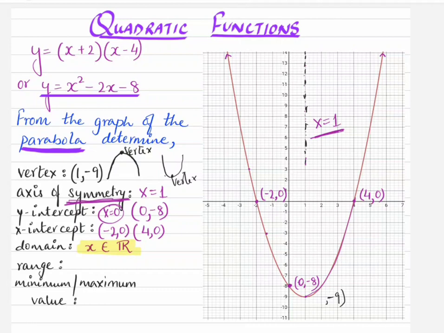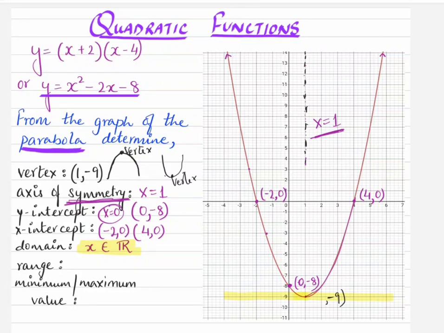So range, as we have done, domain is any x value for which the quadratic function is defined. Range is any y value, right? So here we will have to see for which y values the function is defined, right? So the lowest y value that we have here is this vertex here, right?